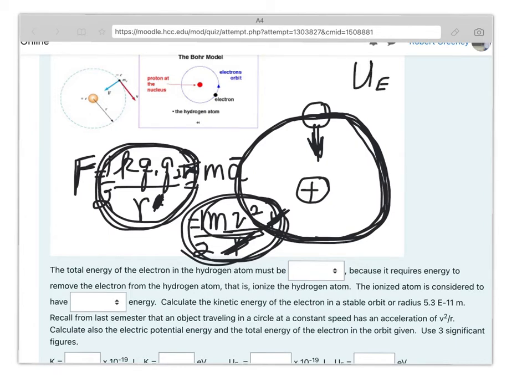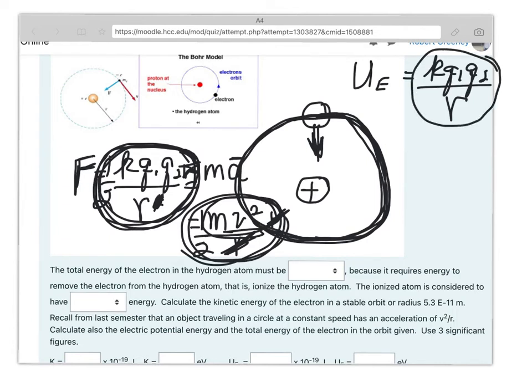The electric potential energy is k q1 q2 over r. And so this is the same thing. Notice, this is half of it. So what this is telling us, remember, this is a negative number, and I made up a number of 10. If this were negative 10, the kinetic energy is half of it, so this would be 5.